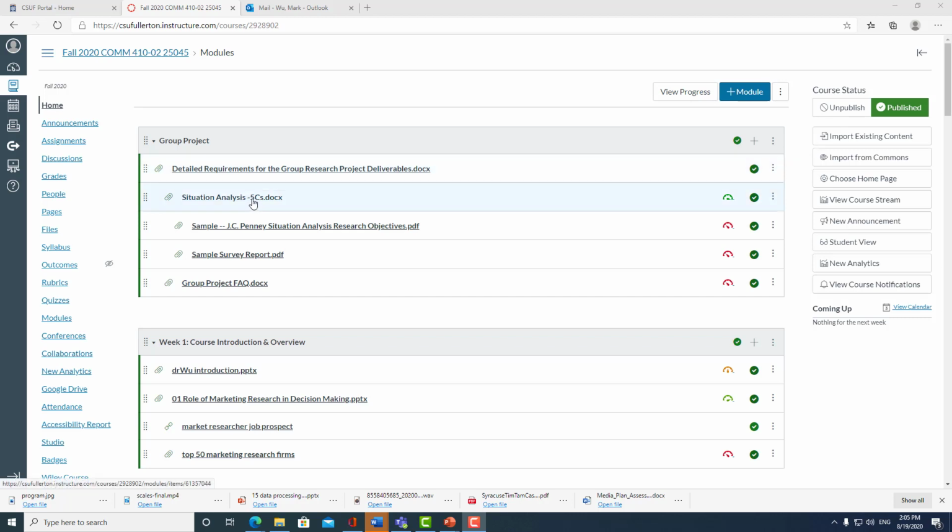I also list the situation analysis, 5 C's, separately, so that when you want to begin working on the situation analysis and objectives portion of the project, you know where to find it. And then we have 2 sample documents.